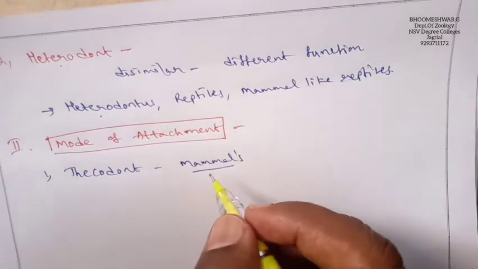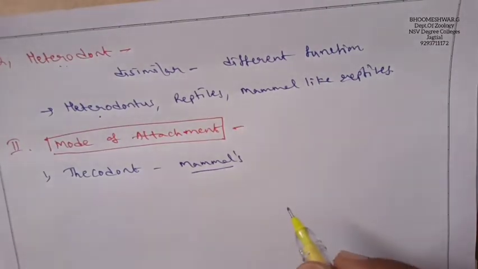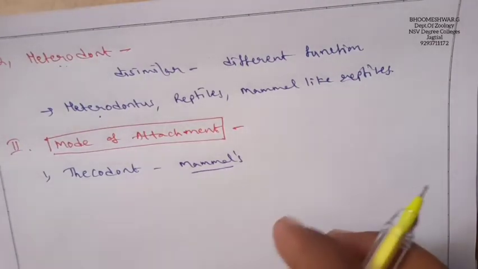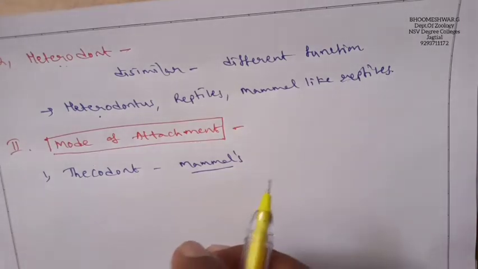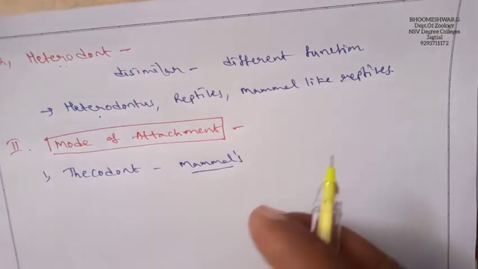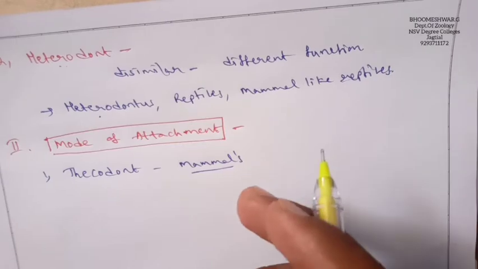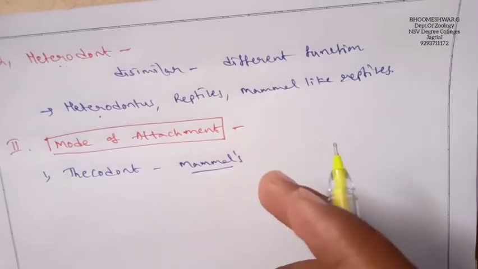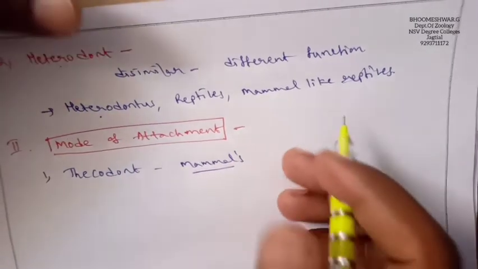In this condition, the teeth are lodged in bony sockets, or alveoli, of the jawbone, and capillaries and nerve cells enter into the pulp cavity through the open tips.